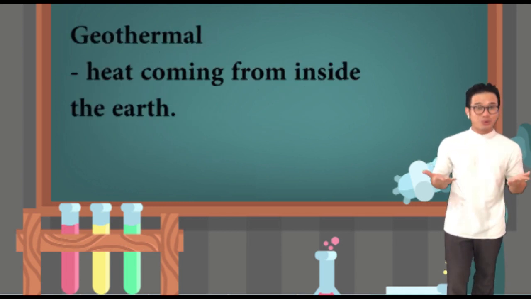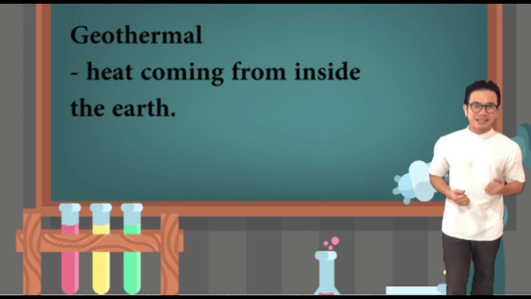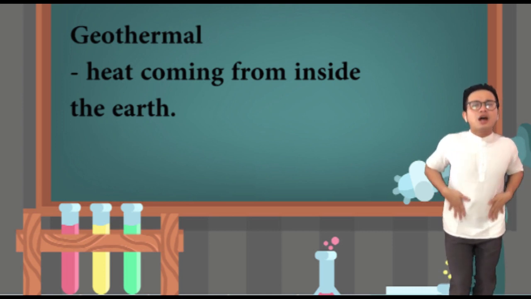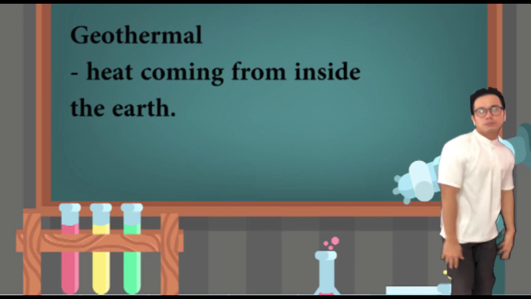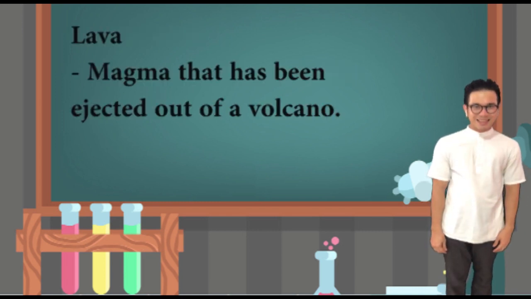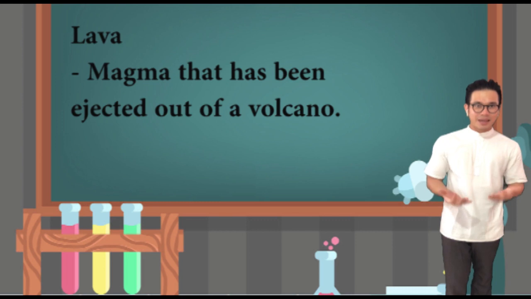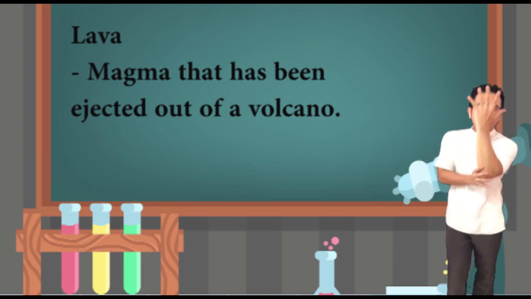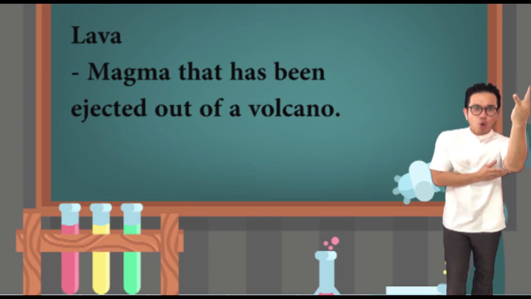Next is geothermal. It is a heat coming from inside the earth. Next is lava. It is a magma that has been ejected out of a volcano.